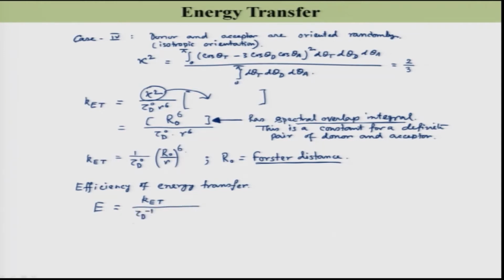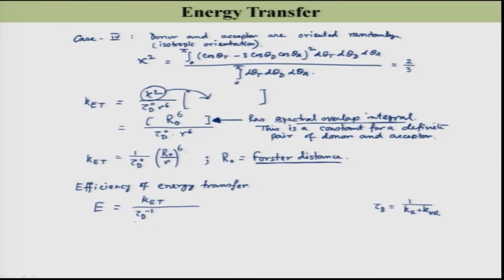In this tau D inverse, I am going to have Kr plus Knr, because you remember tau D equals 1 over Kr plus Knr.